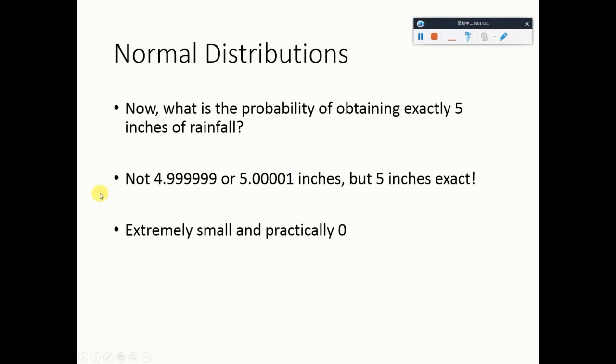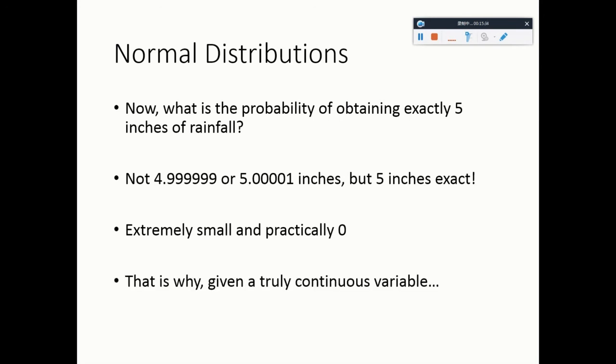Because given the typical way that we measure stuff, it's practically impossible to obtain an exact amount of volume or length or weight or whatever property you can think of, and not one unit more or one unit less. So the probability of observing an exact value is extremely small, so small that we can comfortably assume that it is 0.